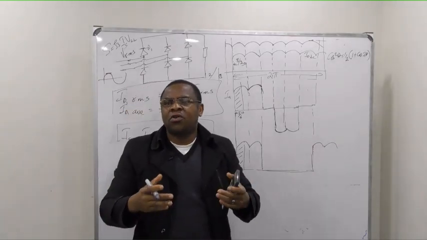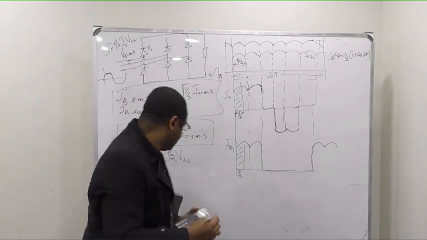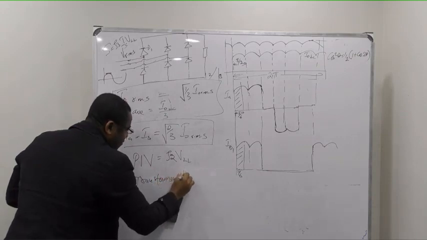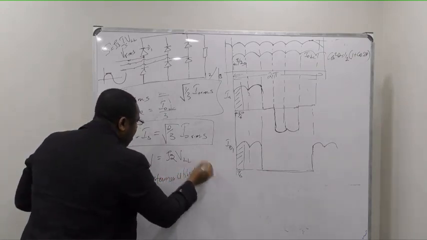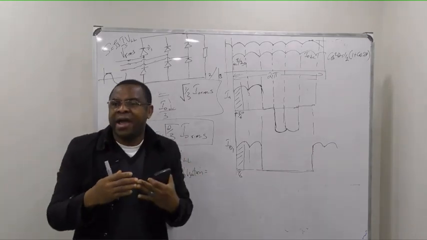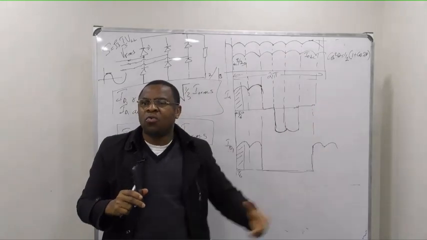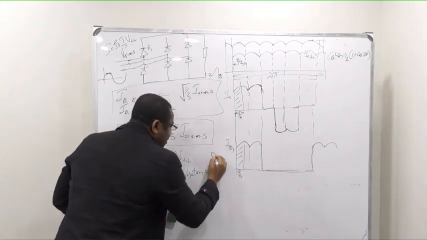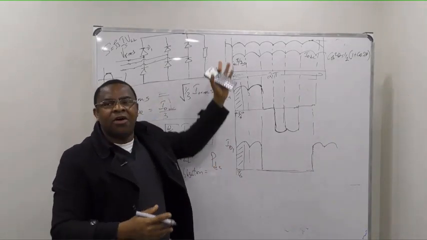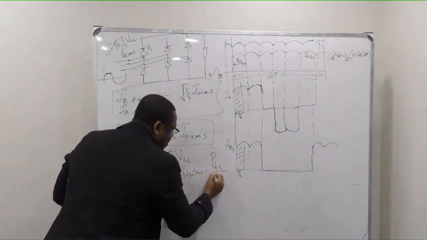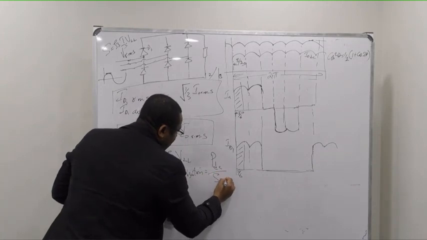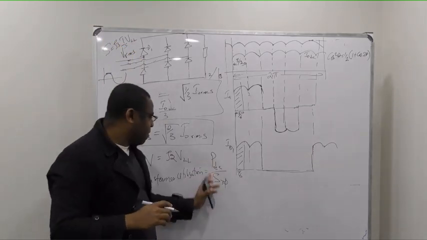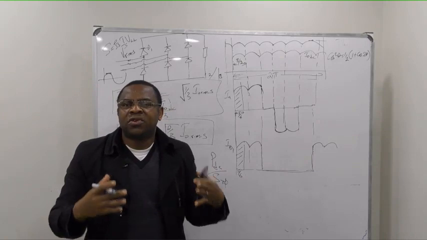And then we also have what we call the transformer utilization factor. Here you are comparing the output power with your input power, but the output is DC. So if I have PDC as my output, I divide it by your input apparent power for the three-phase, which is √3 IS VLL. That is the transformer utilization factor.